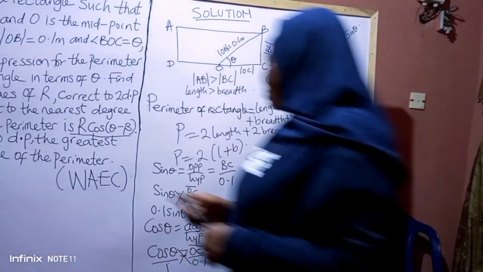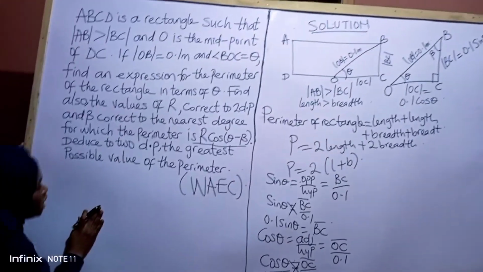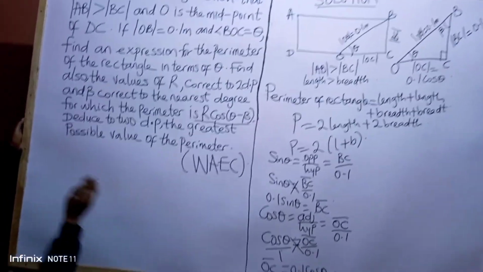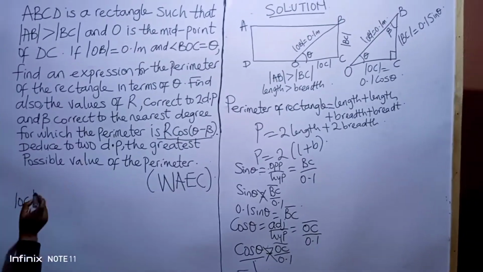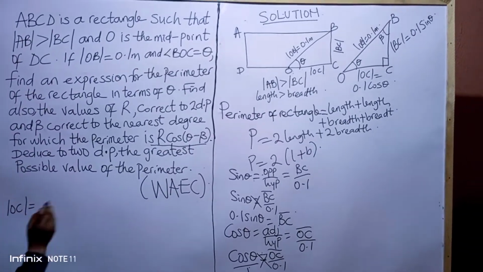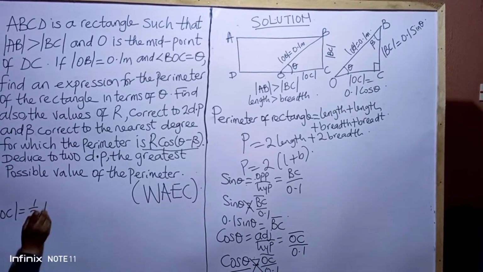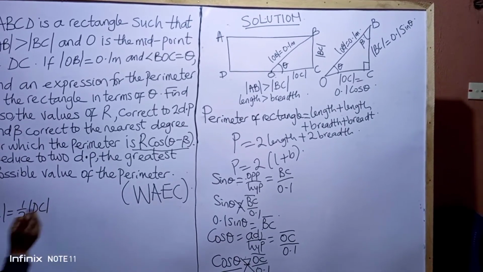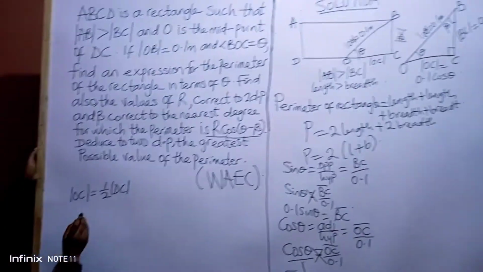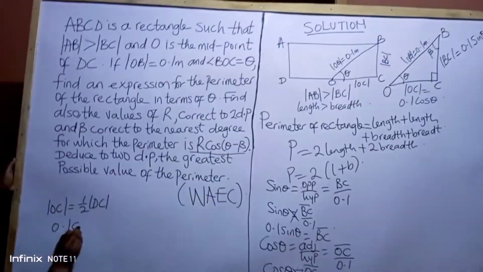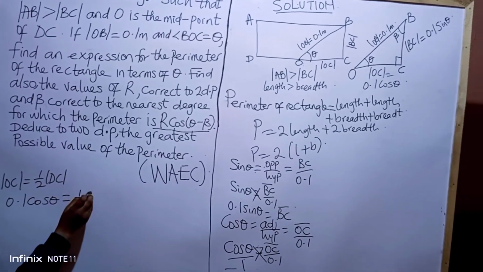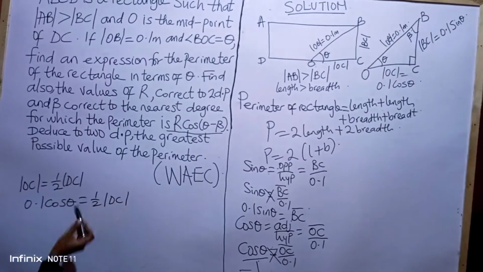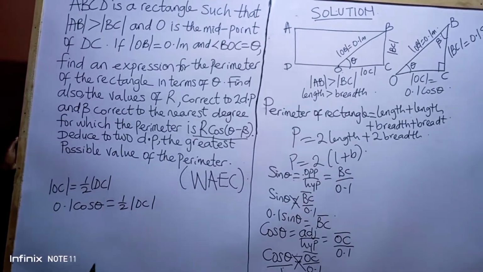To write the perimeter of this rectangle, we know that the length OC is half of DC, and OC is the same thing as 0.1 cos theta. So OC equals 1 over 2 DC. To find DC, we multiply both sides by 2.